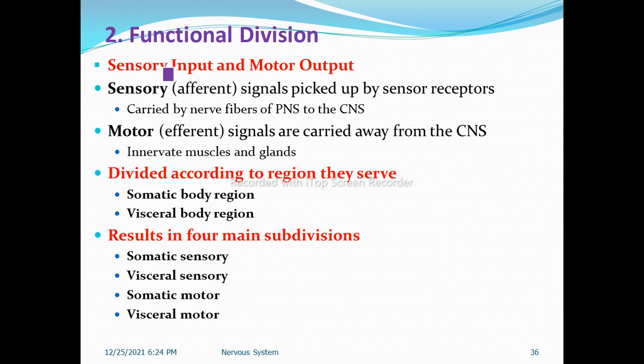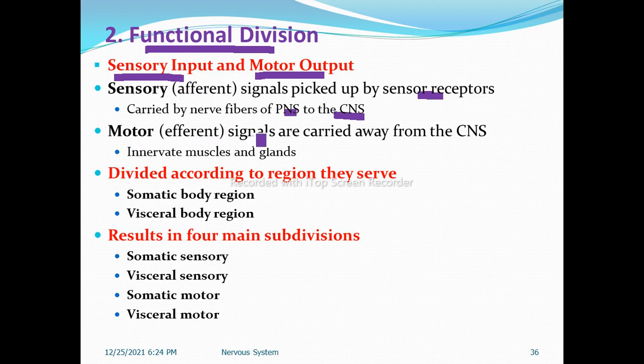So for the division of the nervous system, one is the structural division, which we have seen. The second is the functional division. We can divide it into sensory input and motor output. Sensory or afferent signals are picked up by sensory receptors and carried by nerve fibers of the PNS to the CNS. That is why it is input: nerve fibers of the peripheral nervous system carry them to the CNS. They have sensory receptors in our body. So sensory means afferent nerves.